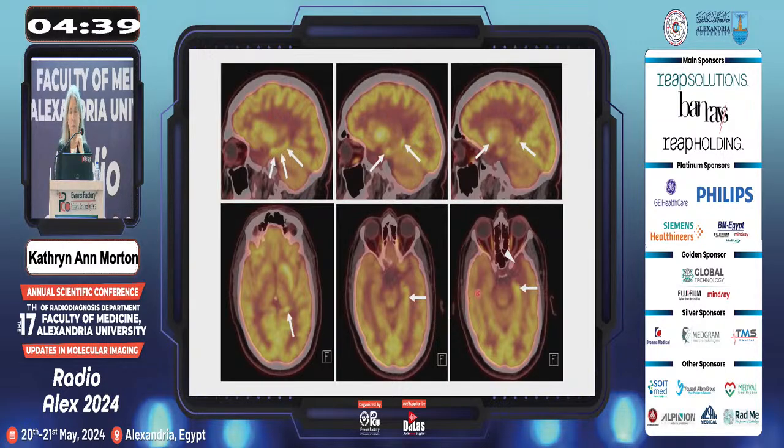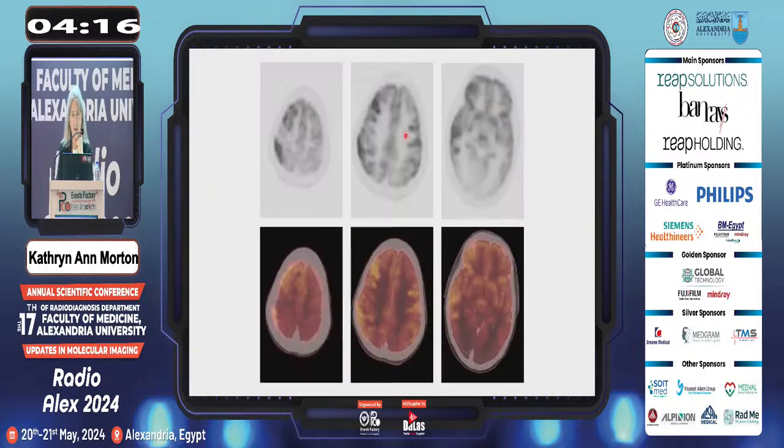We can recognize the hippocampus here medially, but the hippocampus extends posteriorly as well, and this is a nice example of the extension of the entire hippocampus posteriorly with increased uptake. So this is an autoimmune encephalitis. I'm sorry, that was also a limbic encephalitis.